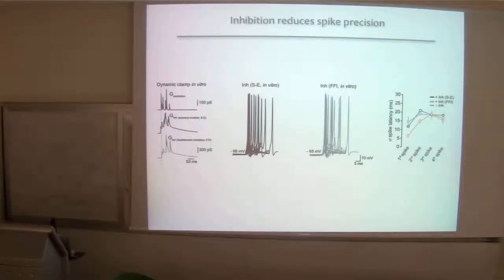So this was in collaboration with Tiago Branco, and we set up a number of different waveforms, both excitation and inhibition, which would represent the variability in the timing and the amplitude of the excitation that we see in vivo, and also the timing and the amplitude of the inhibition that we see in vivo.